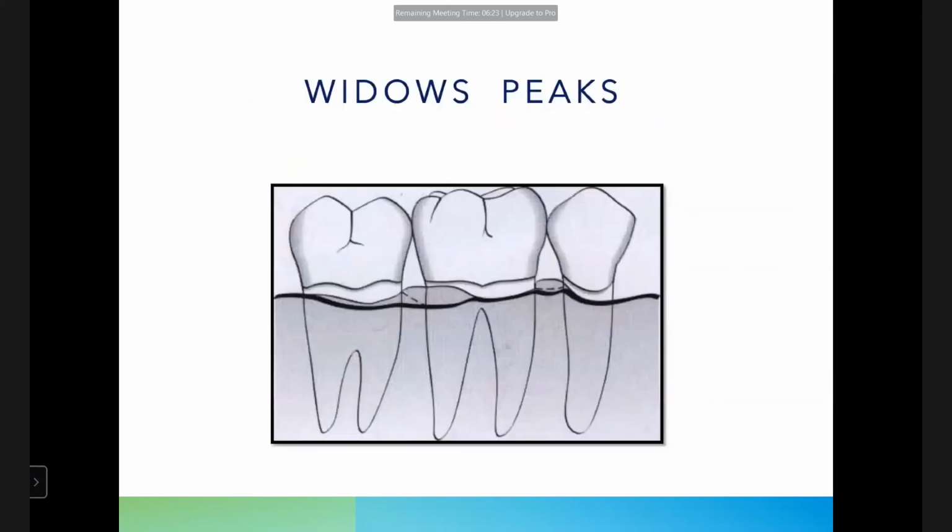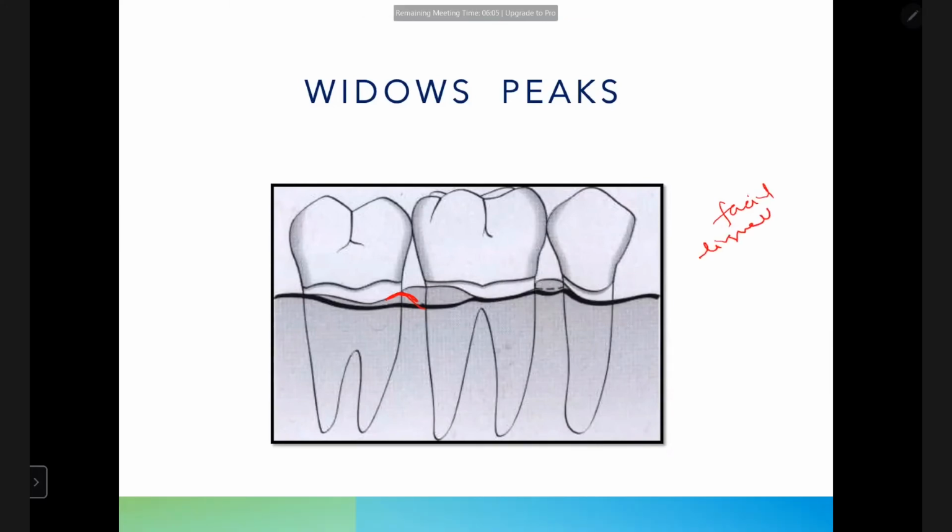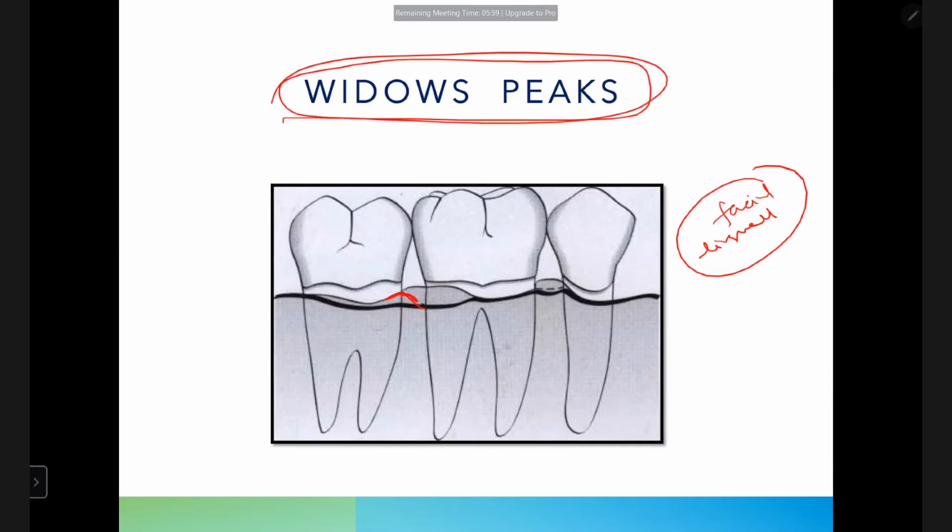Next we'll talk about an important thing called widow's peaks. Sometimes there will be some peaks of bone that will remain at the line angles, especially at the facial and lingual or palatal line angles. These peaks of bone are called widow's peaks. As I have already told you, these bony discrepancies have to be removed.